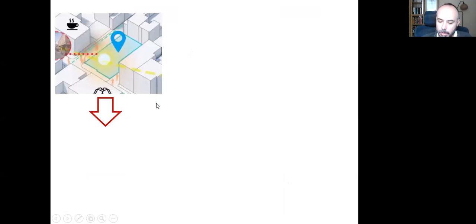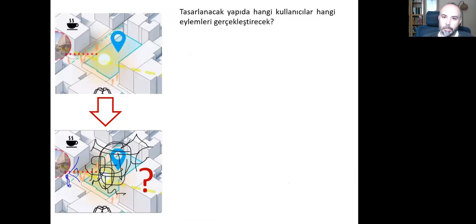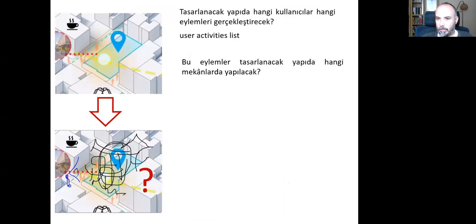So we can start to come up with different ideas so that we can create our design. Some of these decisions will help us create a functional building, and some of them will be for aesthetic properties. We can start by deciding about user activities.